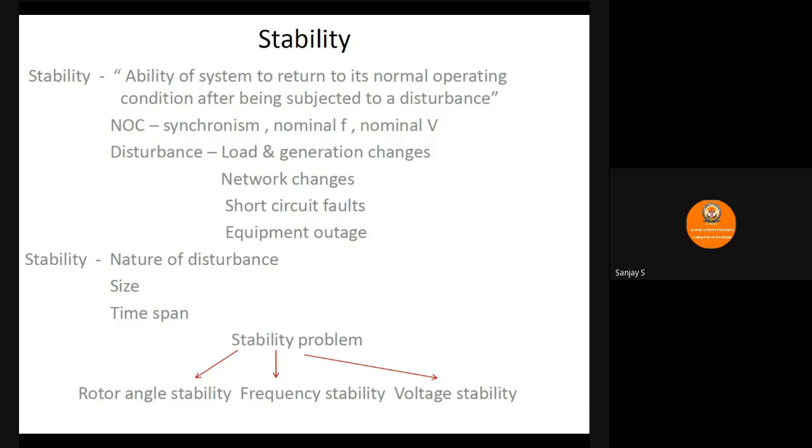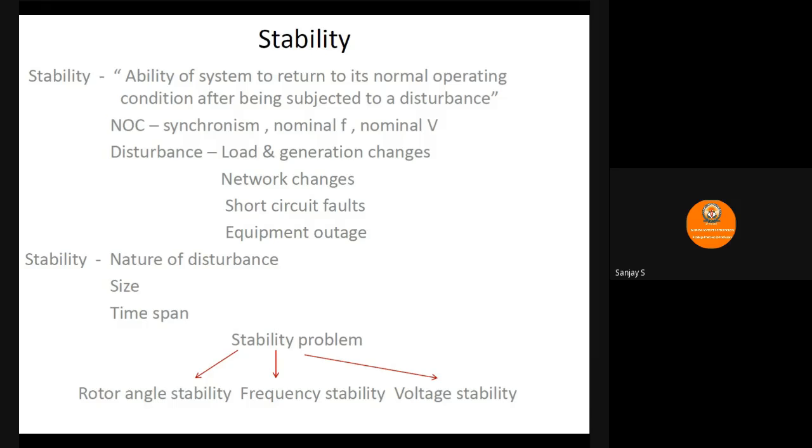The second dependency factor is size of disturbance, whether the disturbance is of small magnitude or large magnitude. For a simple example, whenever there is a heavy wind, a tree branch might lean on the transmission line, and once the forcing function wind is absent, the tree branch may go back to its original position.